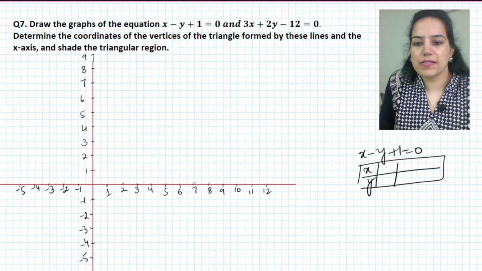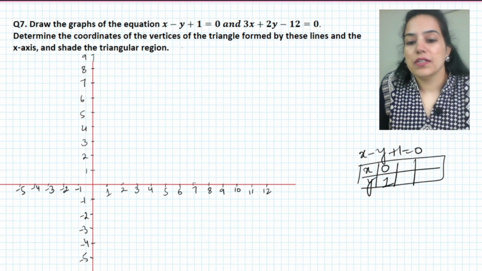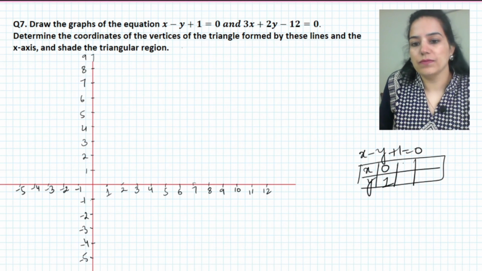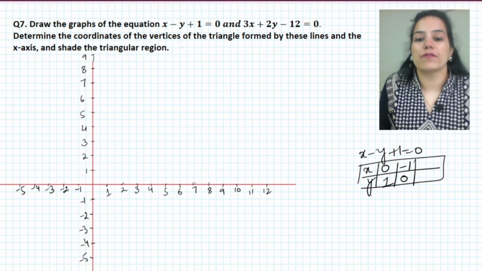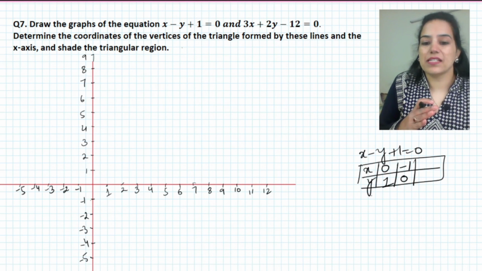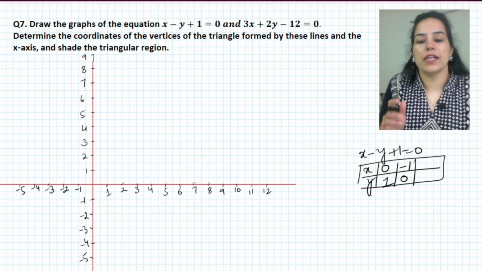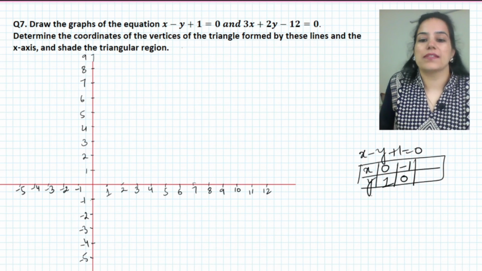If I put x equals 0, I get y equals 1. And if I put y equals 0, I get x as minus 1, right? And as we have to draw a triangle with the x-axis, it's good to take x zeros and y zeros so that we get the endpoints on the axis itself.